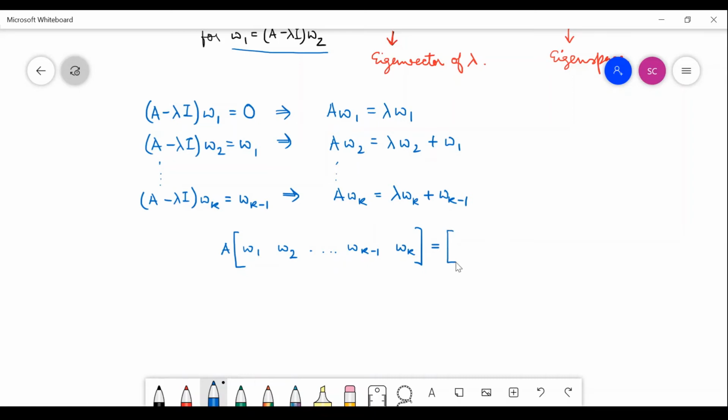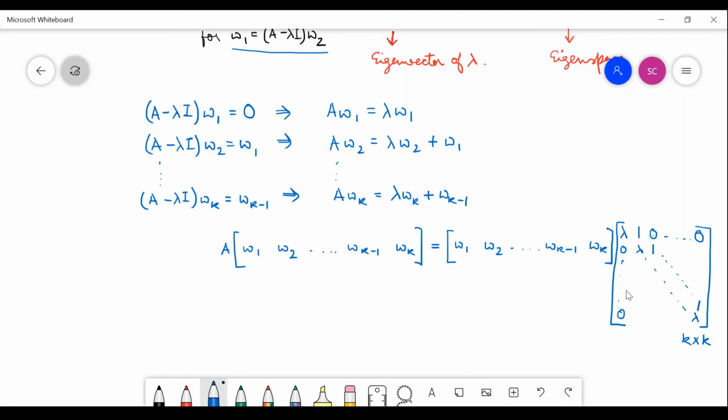On this side I can again write the same matrix with these columns, and this matrix I will be able to write, which is a k cross k matrix, with all zeros here, like this.